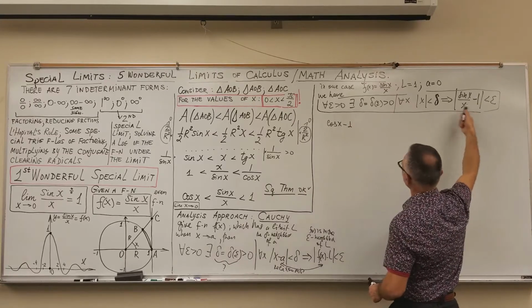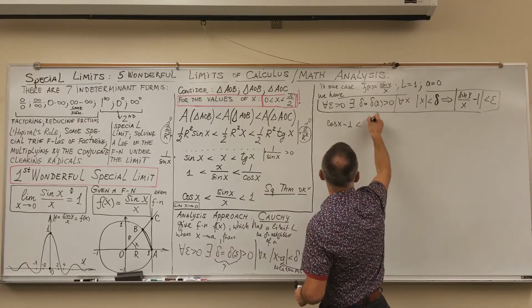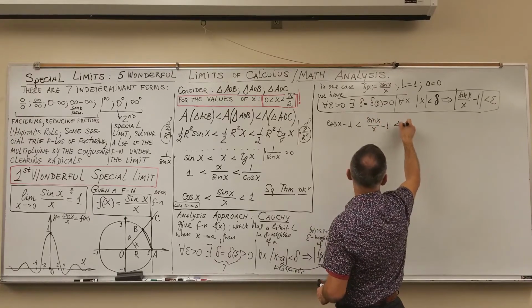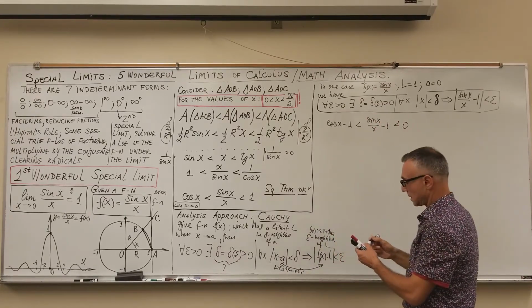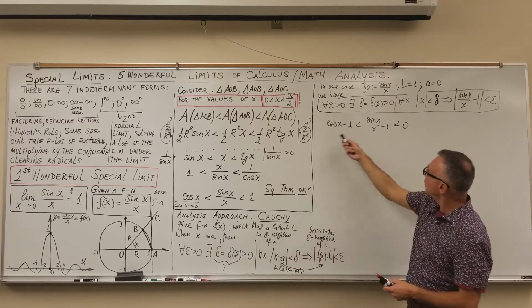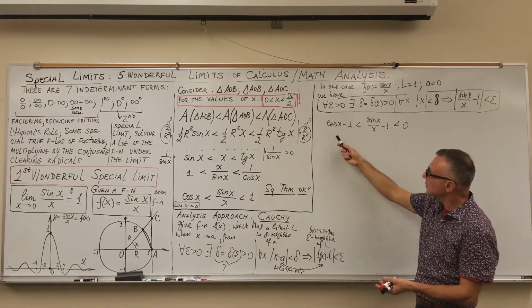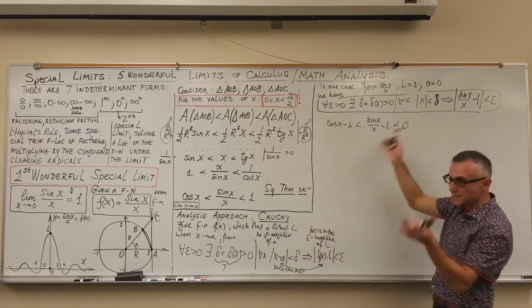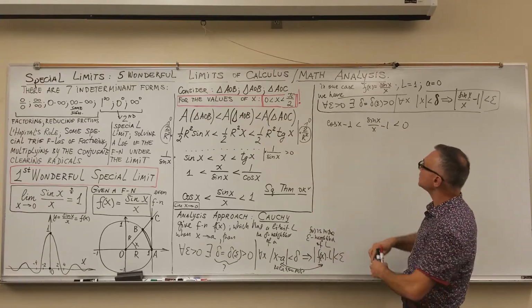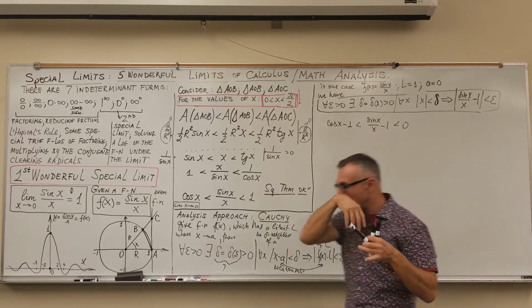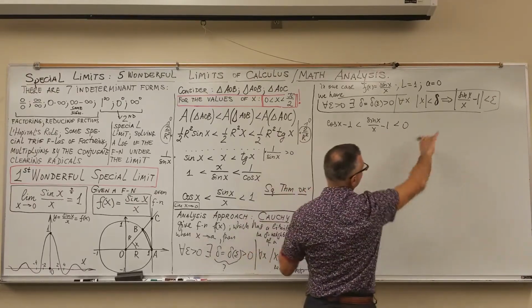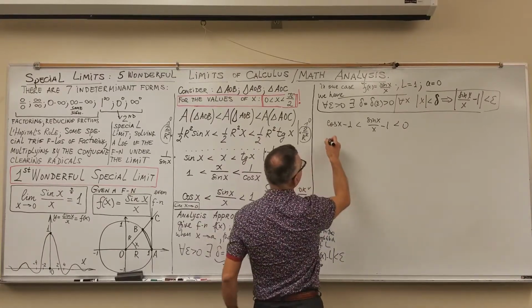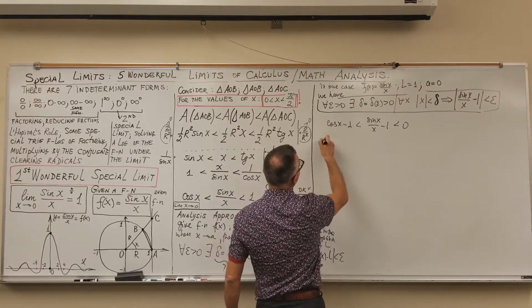Cosine x minus 1 will be less than sine x over x minus 1, and it's less than 0. Again, I have this relationship, all negative values here. Cosine is less than 1, minus 1, negative. Sine x over x is less than 1, minus 1, negative. This is the setup of the negatives. So I can multiply everything by minus 1 to flip them to the positive part, flipping the signs, which is 0 will be on the left.